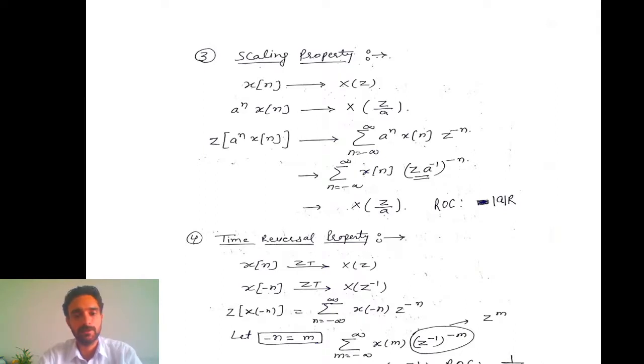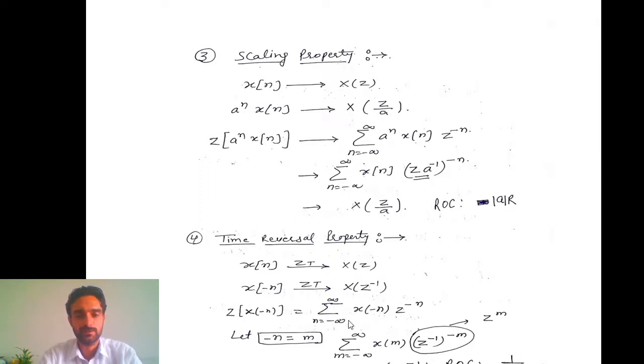If the signal is defined for the range 2 to 5, then the reverse of that signal is minus 2 to minus 5. The mirror image of that particular signal is the reverse signal. So time reversal property means if x of n, the basic signal, has the z transform x of z, then the reverse of this signal, x of minus n, has the z transform x of z inverse.